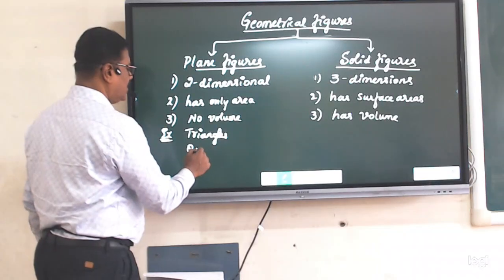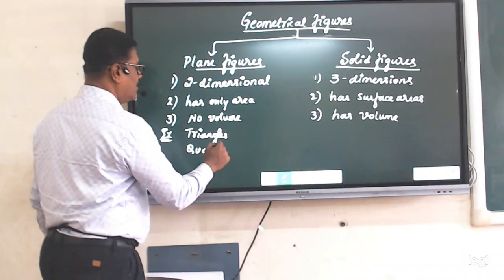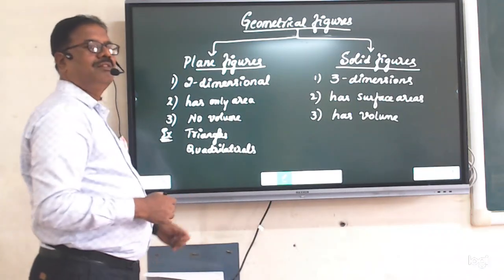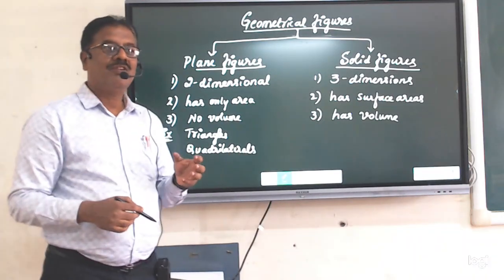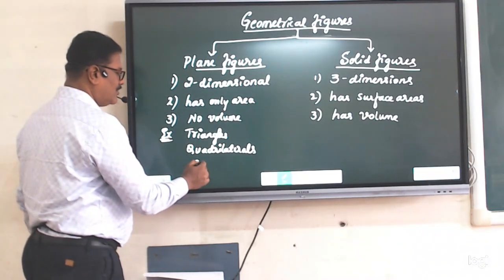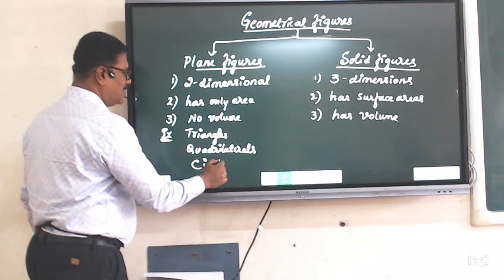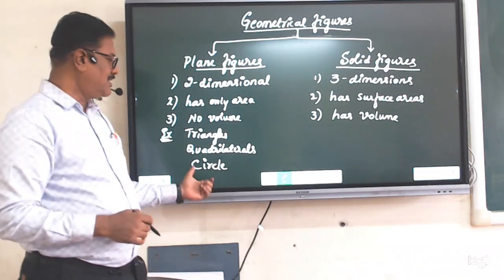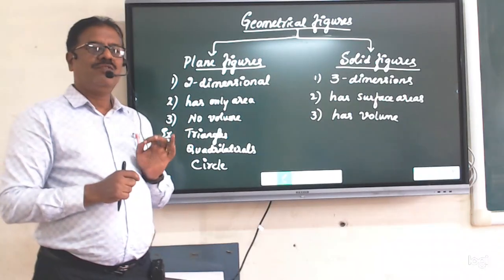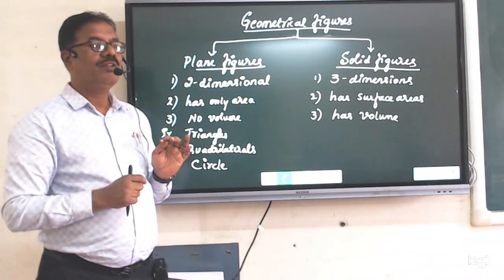Quadrilaterals, see, all kinds of quadrilaterals are plane figures. Another plane figure most familiar to you, already you have studied, no? Circle, yes. Circle is the best example. It has no thickness, so for that also we can find area.